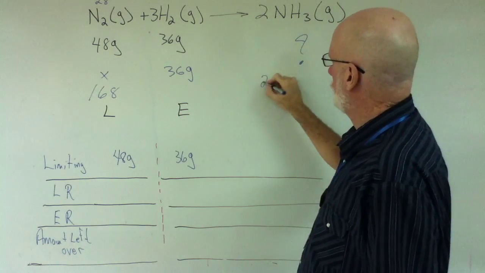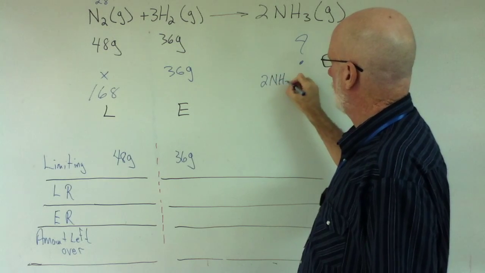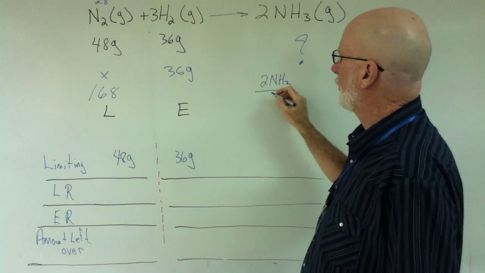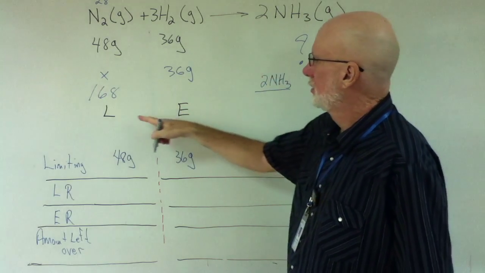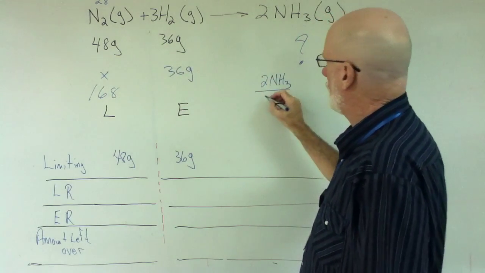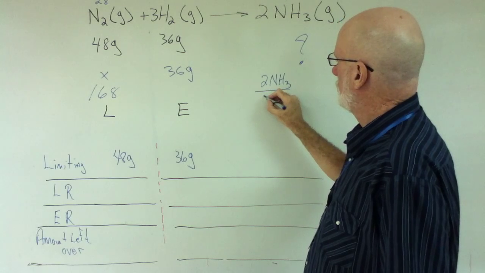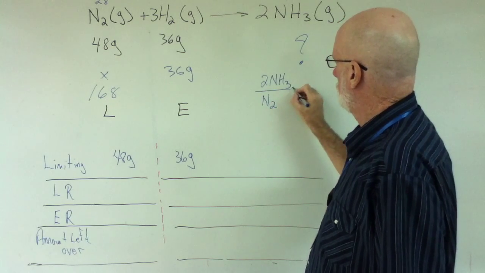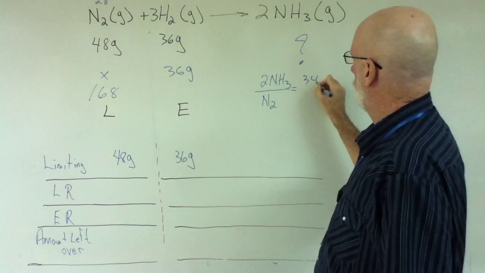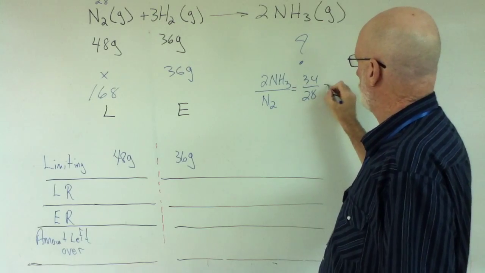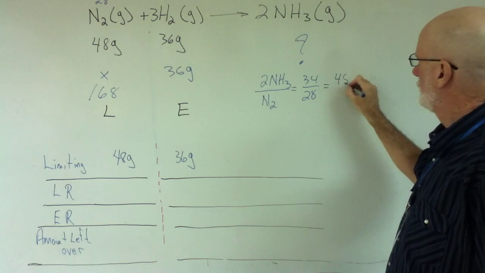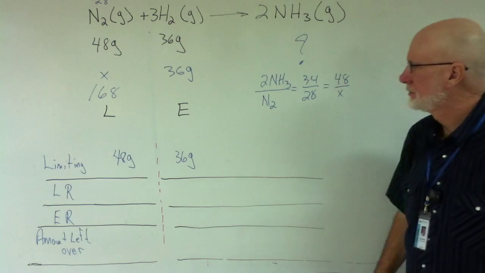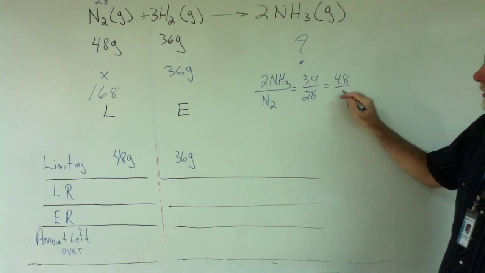So we're going to say 2 NH3 over, this is limiting, so N2, equals 34 over 28 equals 48 over x.